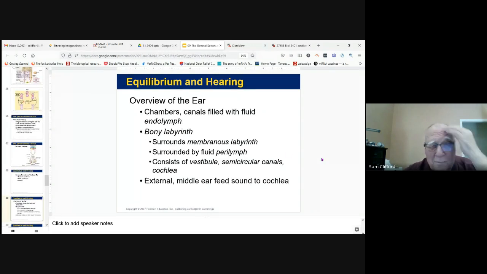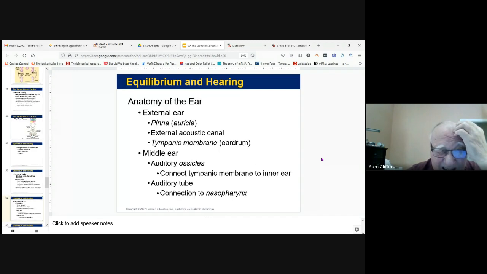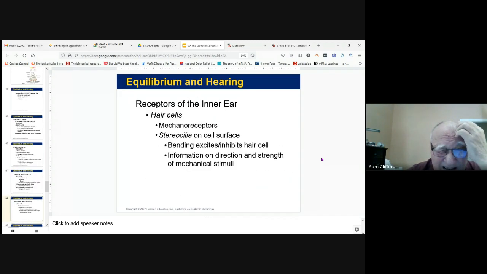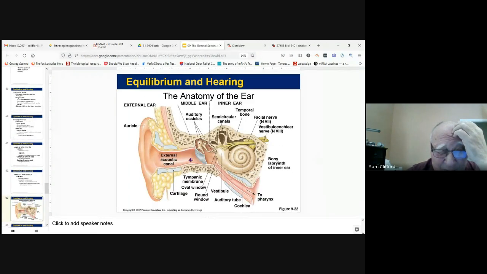So let's look at the parts of the ear. You should know about the external acoustic canal, the tympanic membrane, the auditory ossicles, which vibrate and cause the oval window to vibrate.